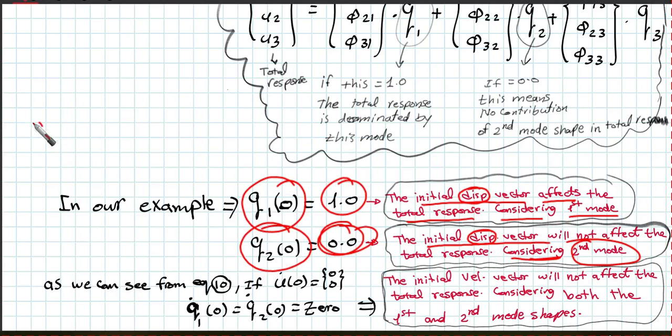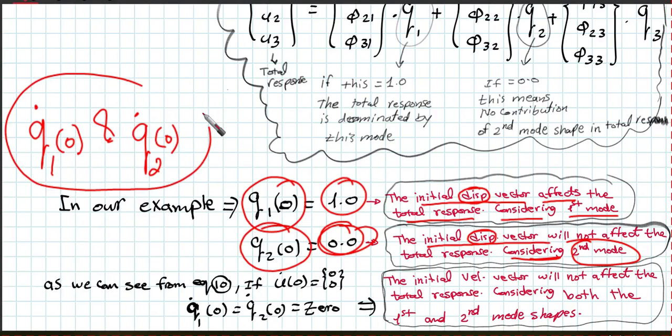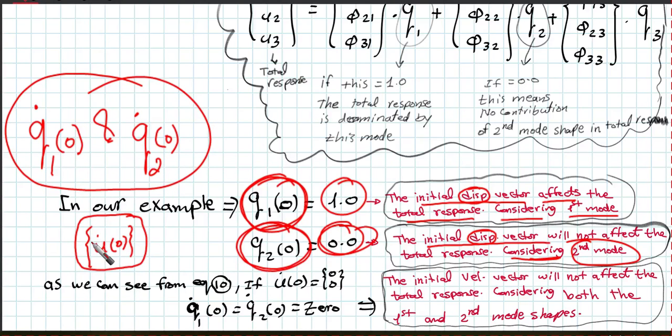From Q1 node and Q2 node, in a similar fashion we can obtain Q1 dot node and Q2 dot node, both of them. How can we obtain them? Exactly, it is the same as we have obtained Q1 node and Q2 node, but instead of this we are going to use U dot node, the initial velocity vector.